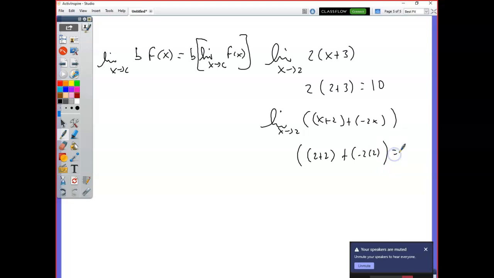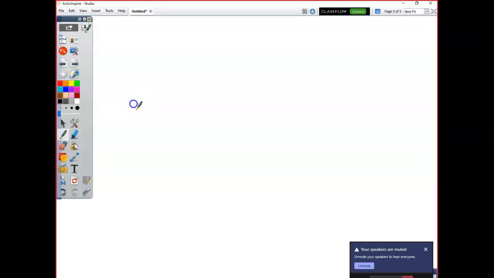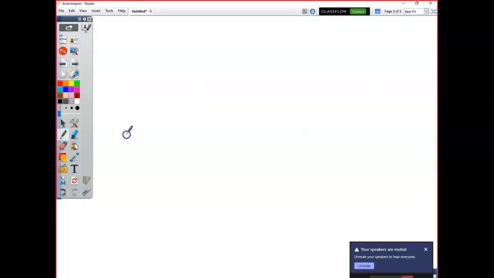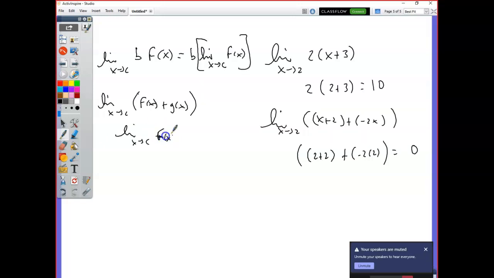And so you would get what? 0. So the limit as x approaches c of 2 things added up is just the limit of the first plus the limit of the second, right? That's what you did. You did the limit of the first one, limit of the second one.